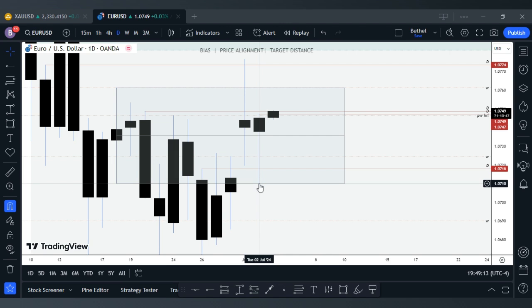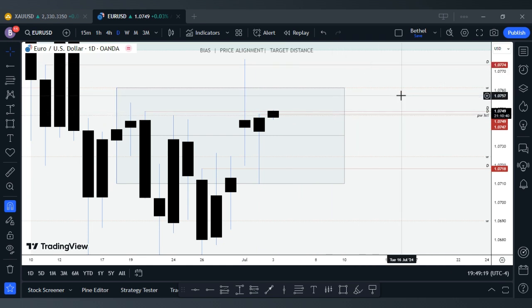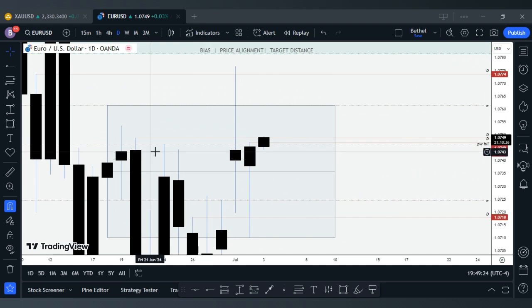I believe that if price can stay above this, what is going to suggest that we start buying euros? Well, when we come into the London session tomorrow, we see how price performs above this level: this weekly here, this daily and this daily.